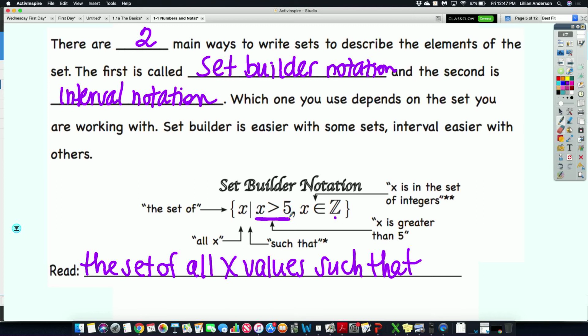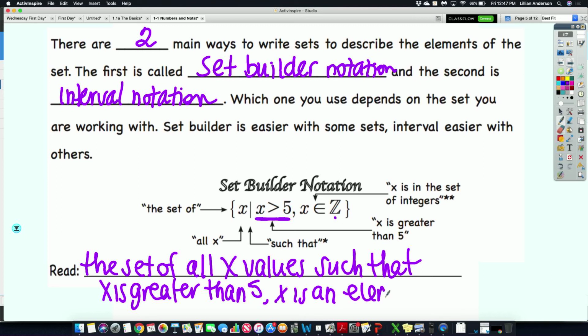In this particular case, it's read as such that x is greater than 5, and x is an element, that's what that symbol means, that E, of integers.